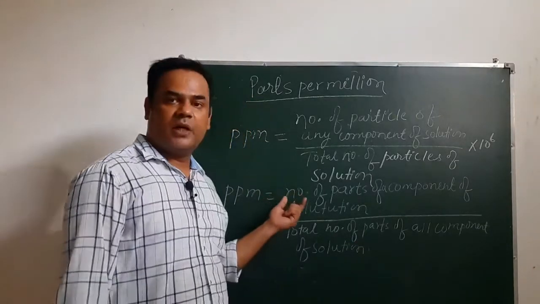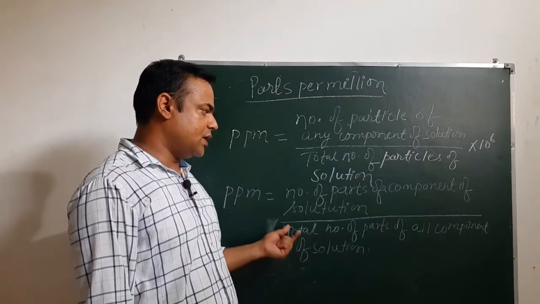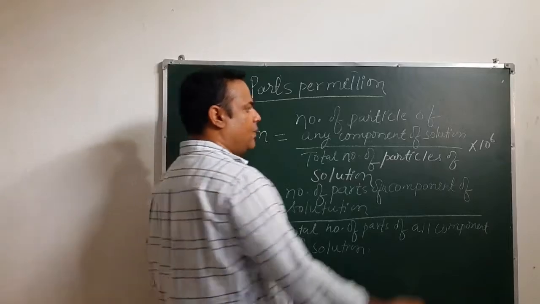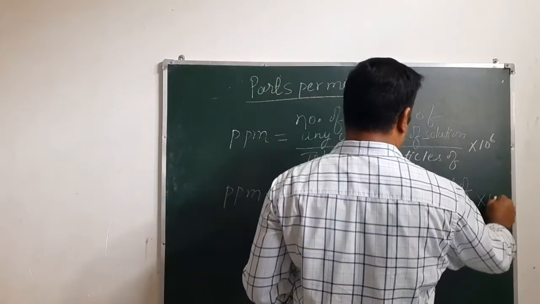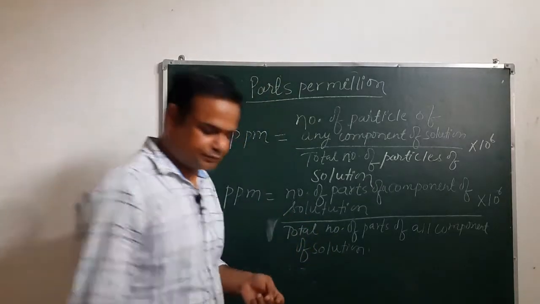How much part of a particular component of solution is there divided by total number of parts of all components of solution multiplied by 10 to the power 6. This is also known as ppm, parts per million.